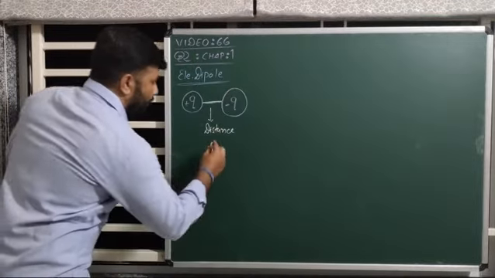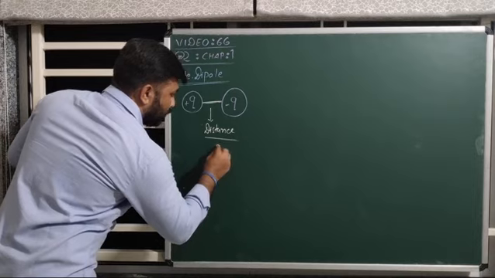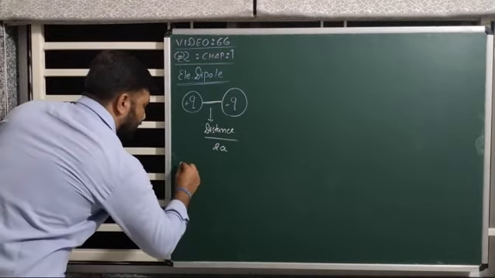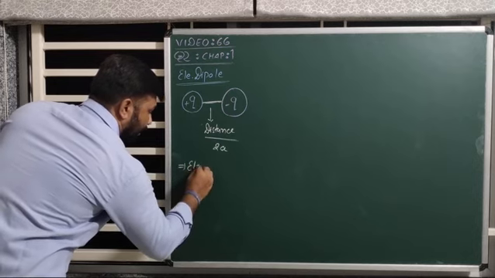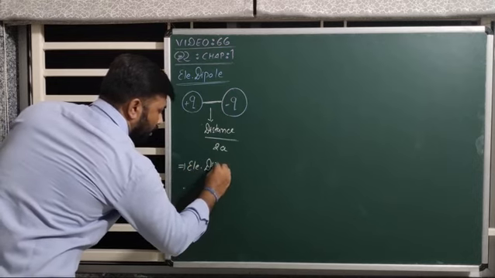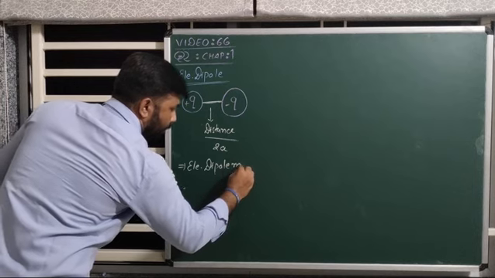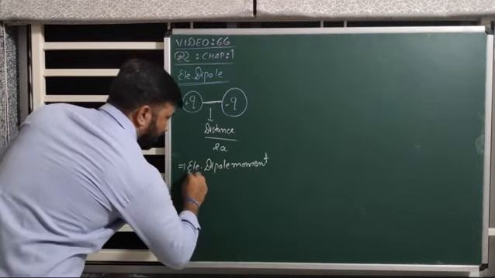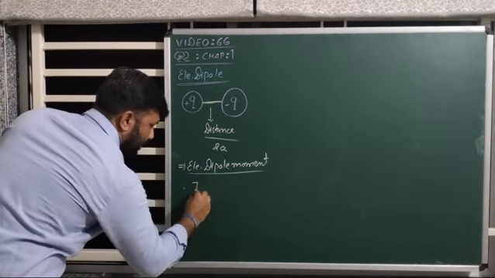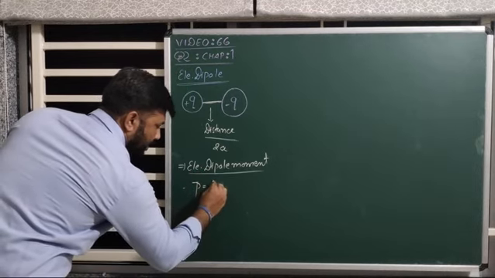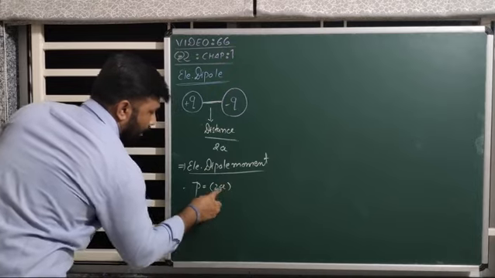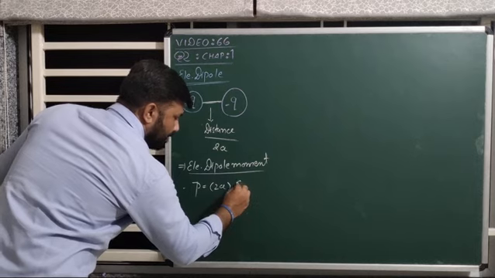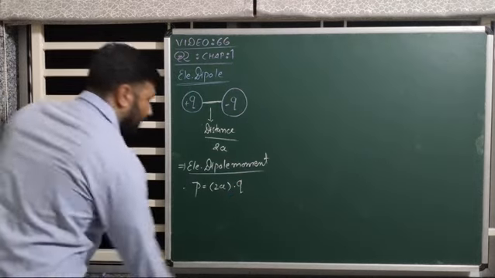And if we take this distance as 2a, then we have a new definition, that is electric dipole moment. Electric dipole moment has symbol P, and its equation is 2a, the distance, multiplied by Q, the charge.